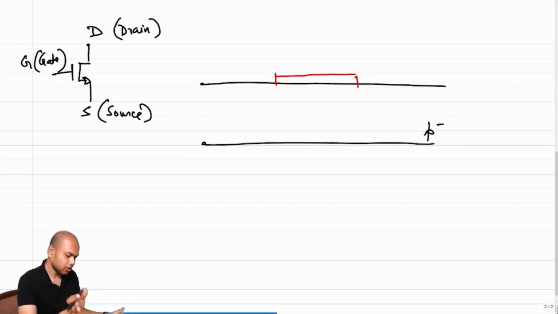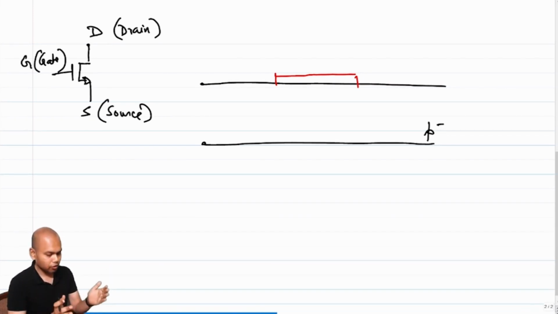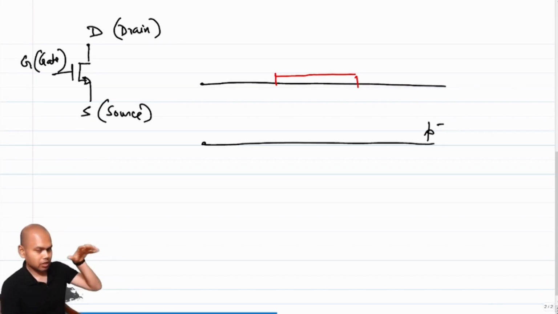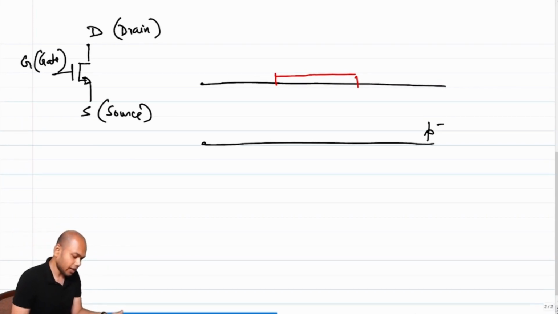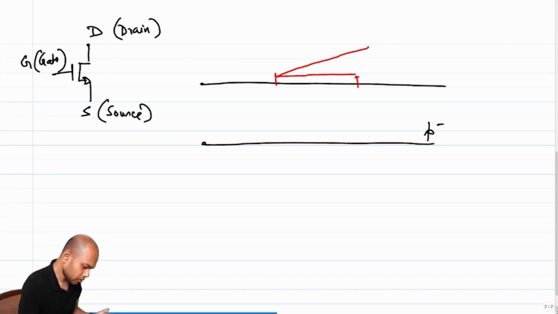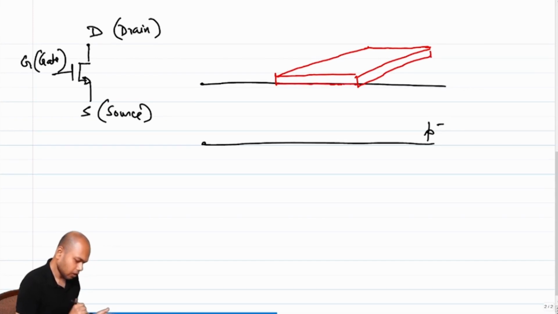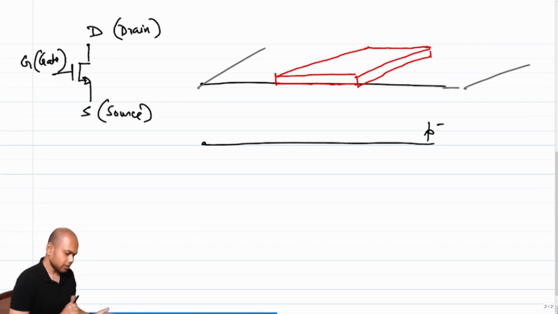If I draw a cross-sectional, instead of drawing a full cross-sectional view, if I look at it from a slightly higher vantage point, this layer will have a width and a length, right? So this should look somewhat like this. Okay. So similarly, this goes on like this.